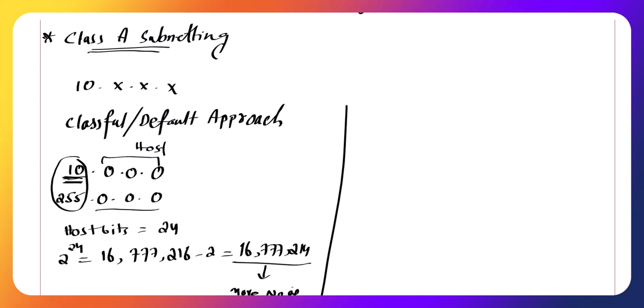This is the problem with the default approach and limited number of network addresses. Now we are going to the classless approach. This is the subnetting approach.